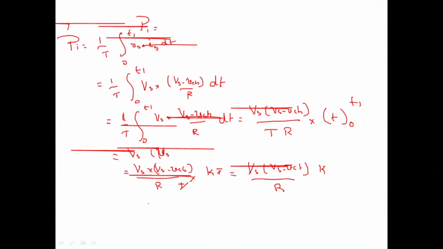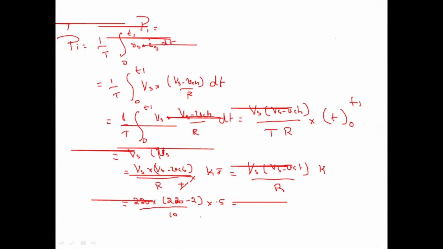So what is the final formula? This Vs is how much? 220. Then 220 minus 2, because V chopper is 2, divided by 10 into K. K is how much? 0.5.